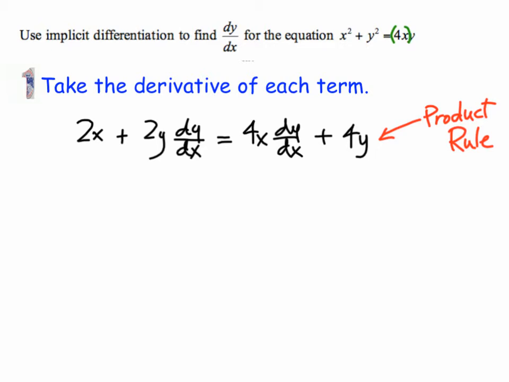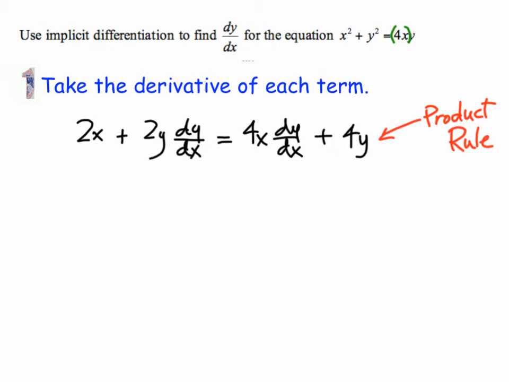Now we're going to have the dy over dx terms over to the left-hand side because that's what I have to solve for. It's asking me to find what dy over dx equals. So you're going to treat that as one unit, like it's one letter.